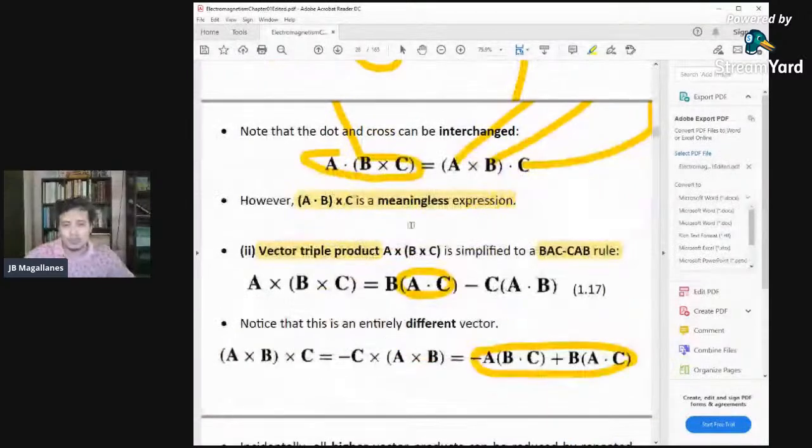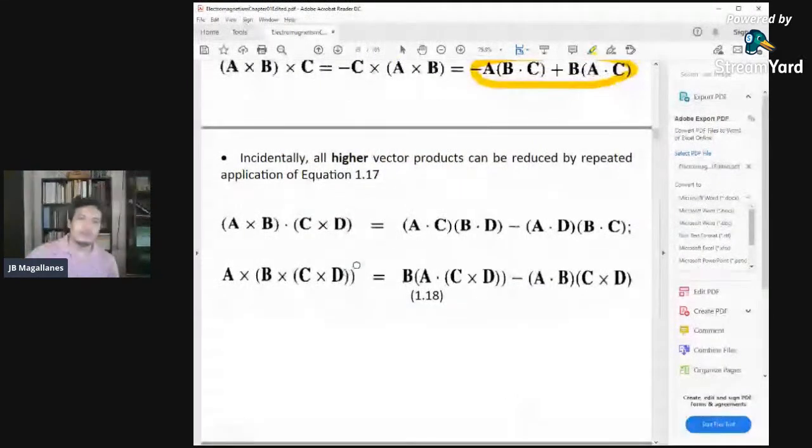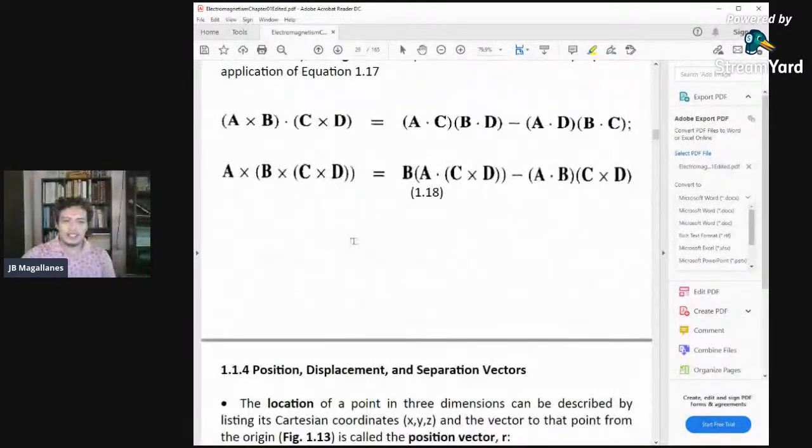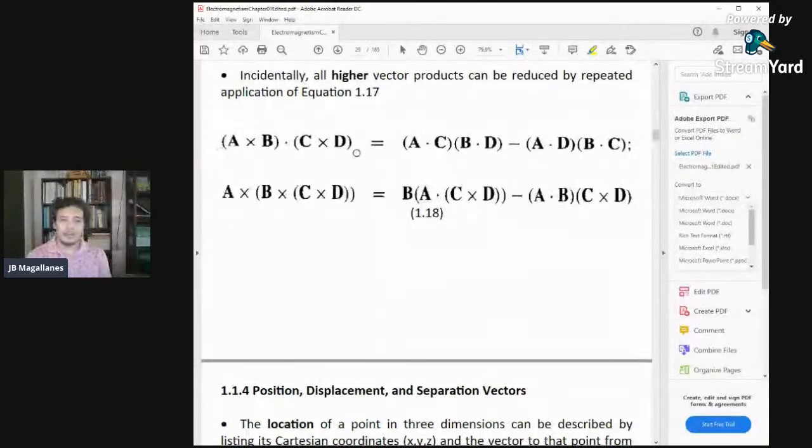Remember, scalar triple product, and then you have the vector triple product. You have to remember the expression. This one you can simplify by using the BAC-CAB rule.